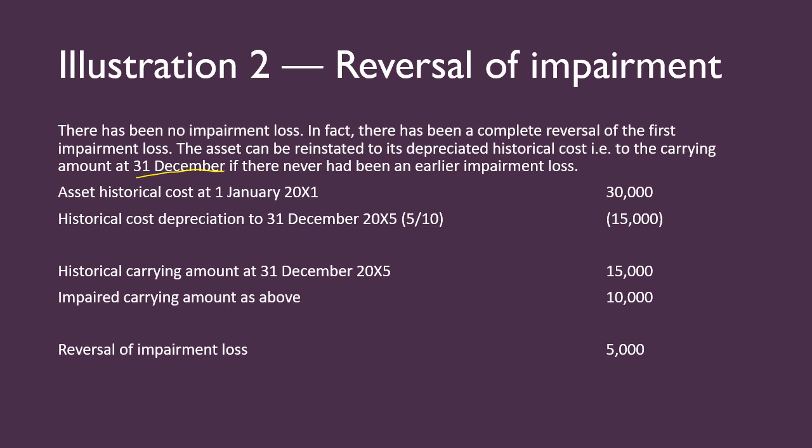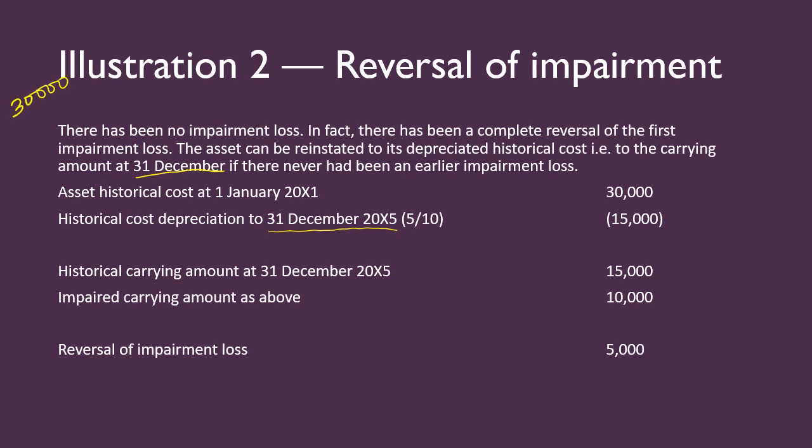We have to calculate that amount, 30,000, and on 31st December 2015 what will be the depreciation? 5/10. If there had not been any impairment loss, the value of the asset was 30,000.